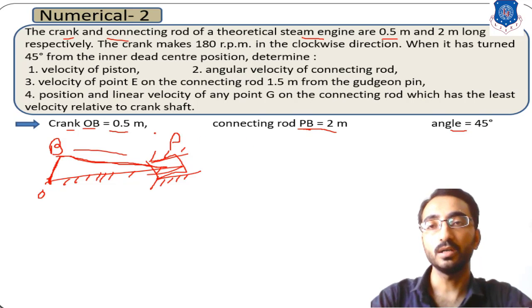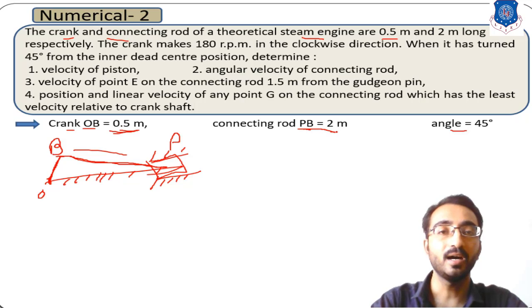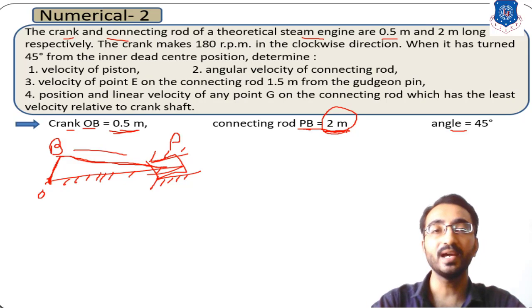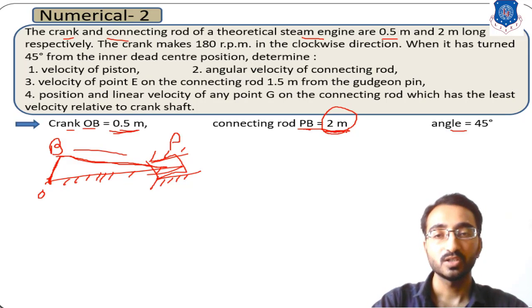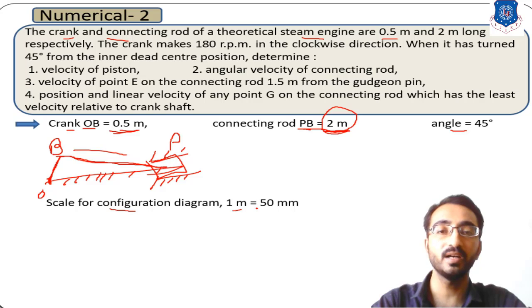Now to sketch this arrangement, the lengths given are 0.5 meter and 2 meter. On a simple A4 size paper or A2 size sheet, we cannot sketch this 2 meter dimension, so we have to consider some scale. Let's consider for this configuration diagram a scale of 1 meter equal to 50 mm.